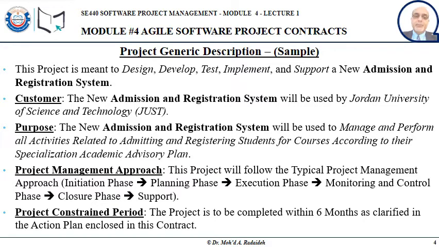And then we move to support. The last part would address the period of a project as constrained by the customer. The customer may require you to say that, okay, this project will be completed within a certain period of time. Here in this sample, it indicates that this project should be completed within 6 months.